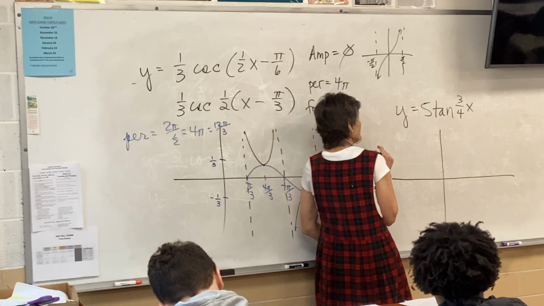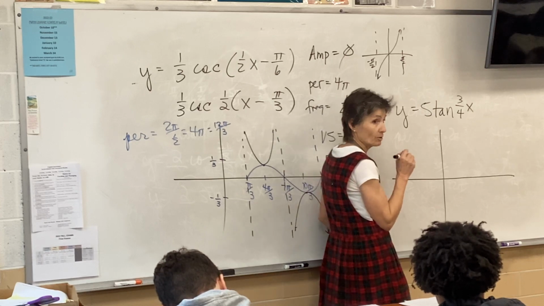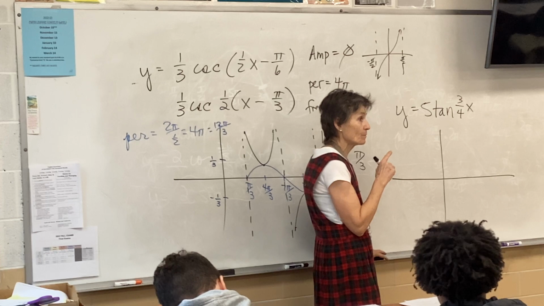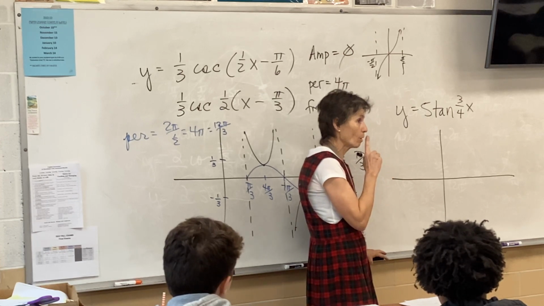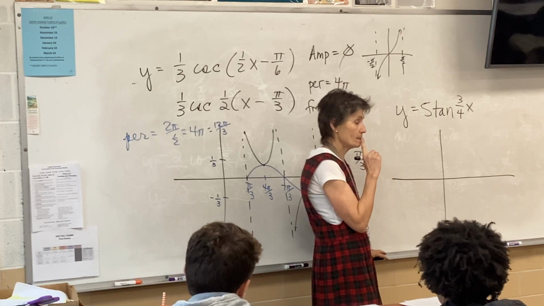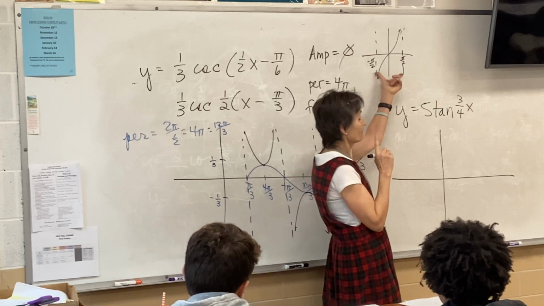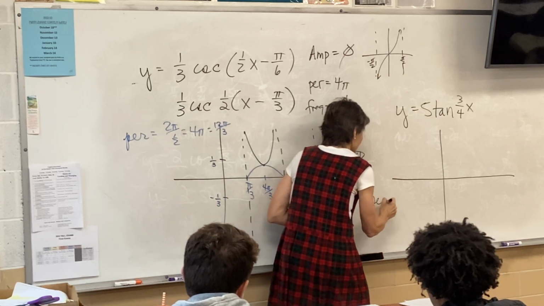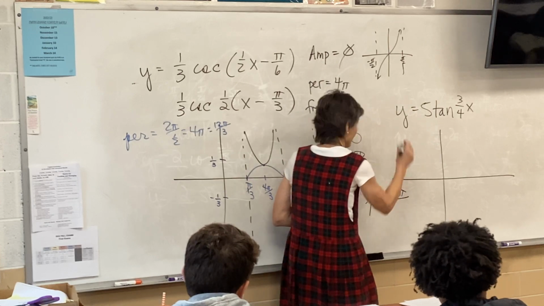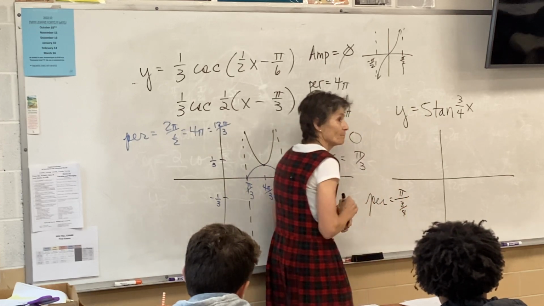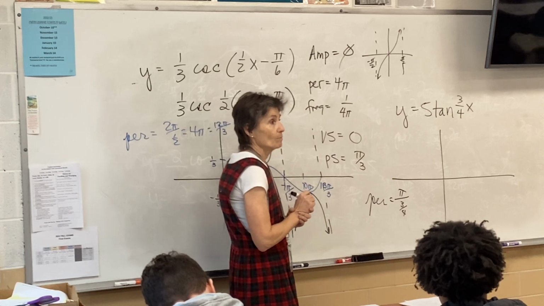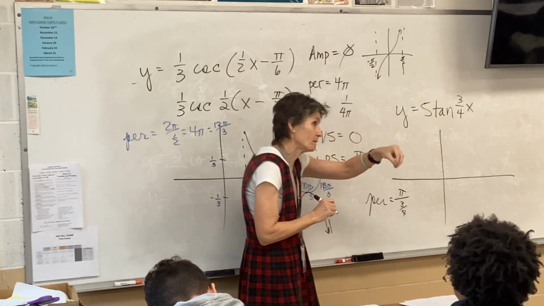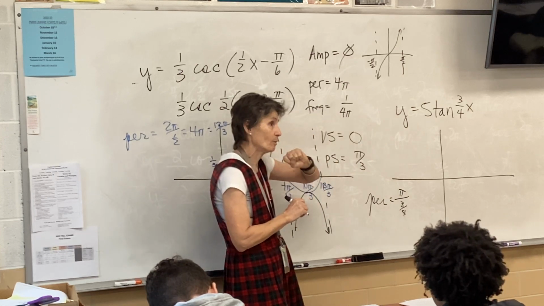Now, what have we done to our tangent? Well, let's talk about that. We have changed its period, clearly, because we put a coefficient on x. What is the normal period of a tangent? Pi. So now when I find my period, it's pi divided by 3/4. Remember, to calculate your period, you take the normal period and divide it by that coefficient.